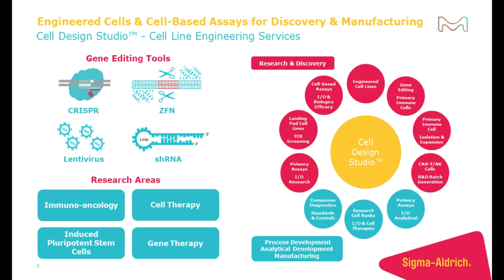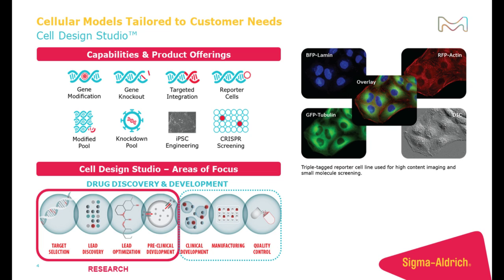And so we pride ourselves on being able to take on the most difficult or complex projects and work directly with our clients in order to solve those problems when many other CROs might not be able to do such a thing. So many of the projects that we take on have common themes. We often focus on the earlier stages of research, but we can provide GMP-like process control all the way out in the early clinical development.